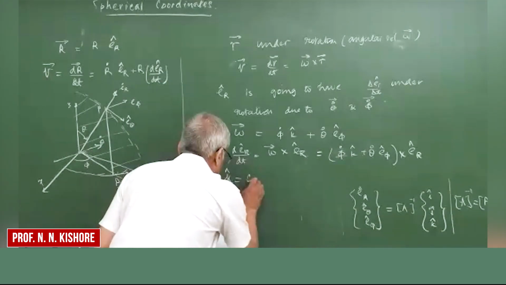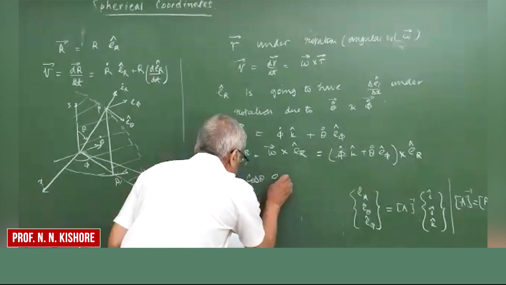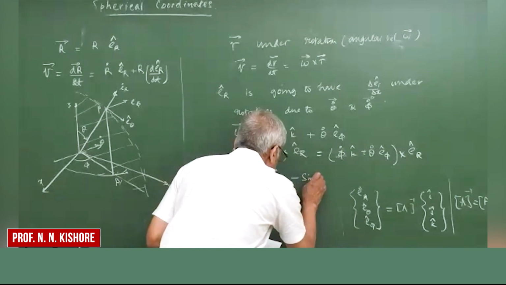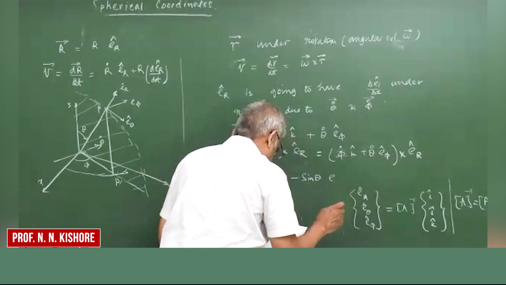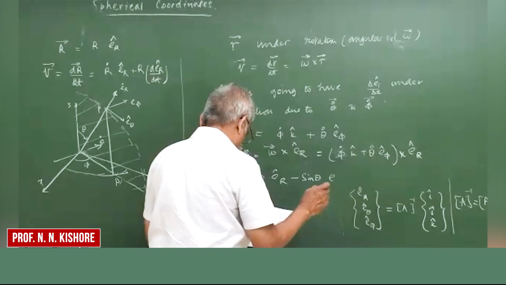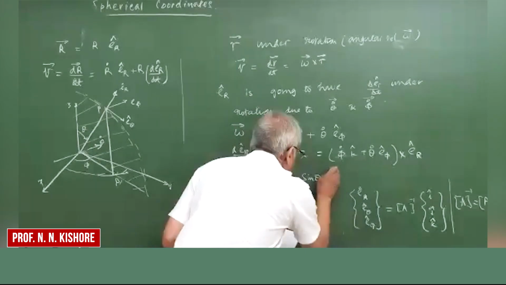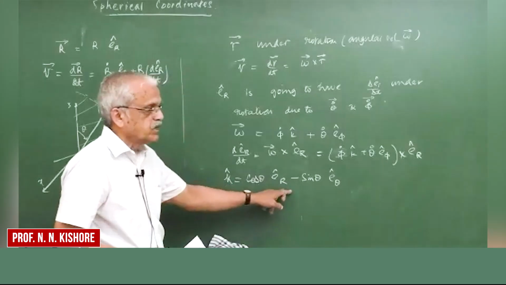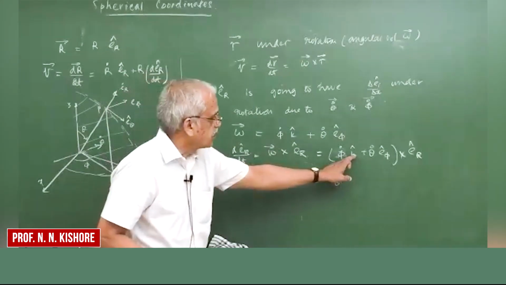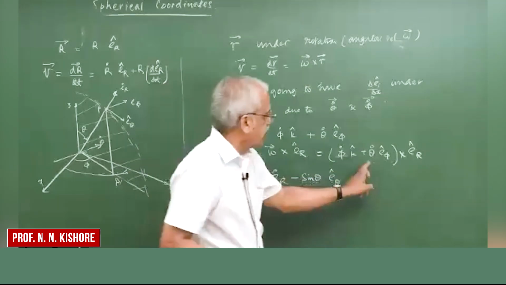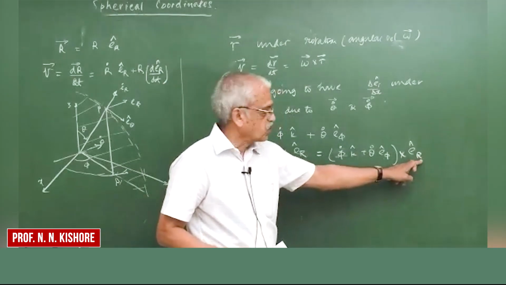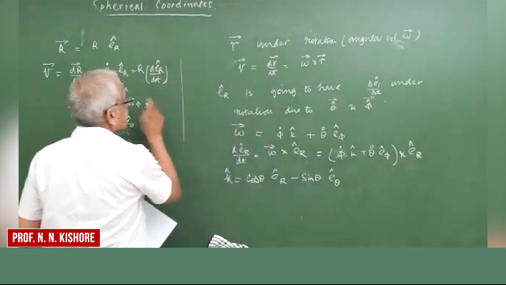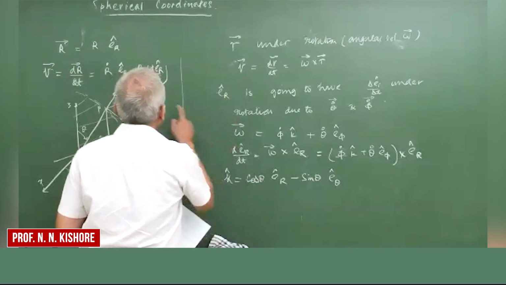It's written as cos theta er minus sine theta e theta, right? So this is how k can be converted to er and e theta. This k should be converted to this, and this expression should have a cross product with the er, and then we substitute back into this one.